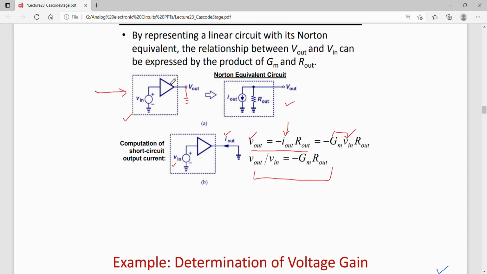The gain in terms of short circuit transconductance is AV equal to minus GM times R out, where GM is I out by V in when the output node is short circuited.